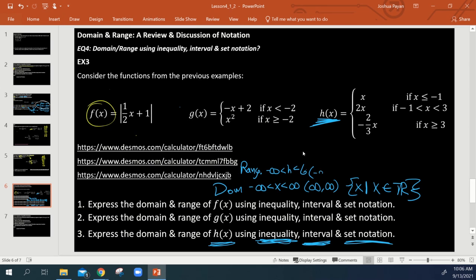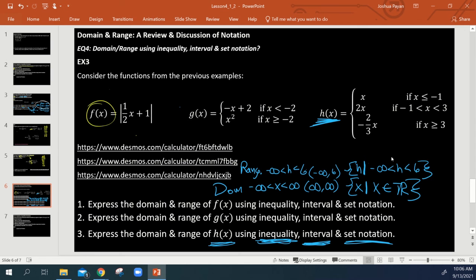So negative infinity to 6. It's going to be a curved bracket because I'm not including the 6. And then here we're going to just have h such that, and then basically we're going to put our inequality notation again. So negative infinity is less than h is less than 6.